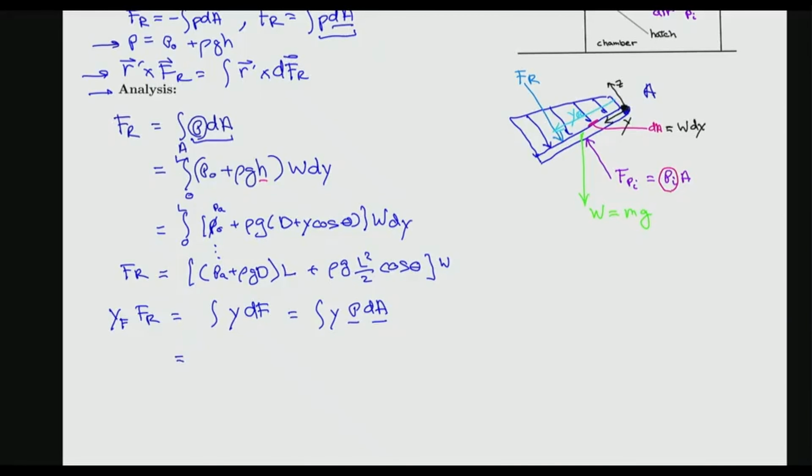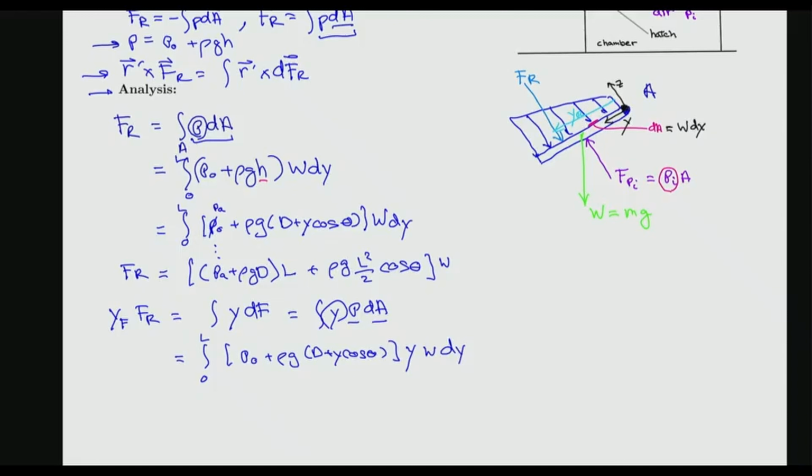And so we would just get then ultimately 0 to L, so this would be our P naught plus rho g (D plus y cos theta), and then we would have an extra y term, times W dy, right? But it's basically a similar, comparable integral, just one order extra of y.